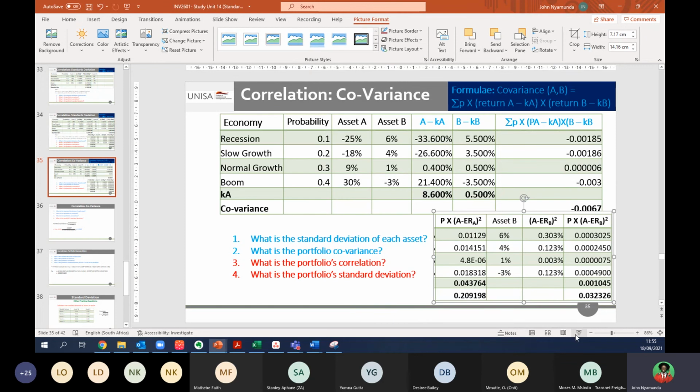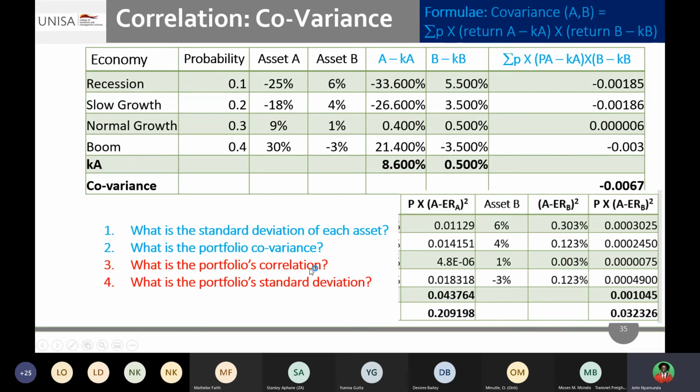We were calculating correlation a few slides ago. Now we have your covariance here, you have your standard deviations here. So I want you to calculate number 3, portfolio correlation. Lorato says I'm going too fast. No, I wasn't going too fast, I was confusing you. Now it's simpler.